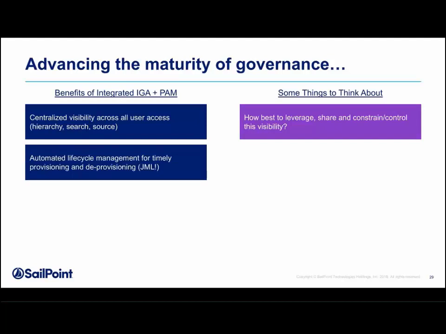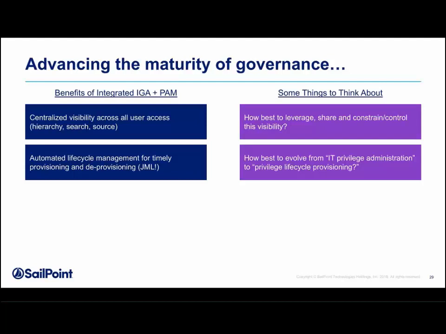So if we then look at the automated lifecycle management for the provisioning and deprovisioning of privileged accounts, this sets up a new thing to ponder, right? How do we migrate from what today is largely a super admin club administration approach to enabling privileged accounts? How do we now wrap that with the same governance purview that we tend to have in the overall governance approach?